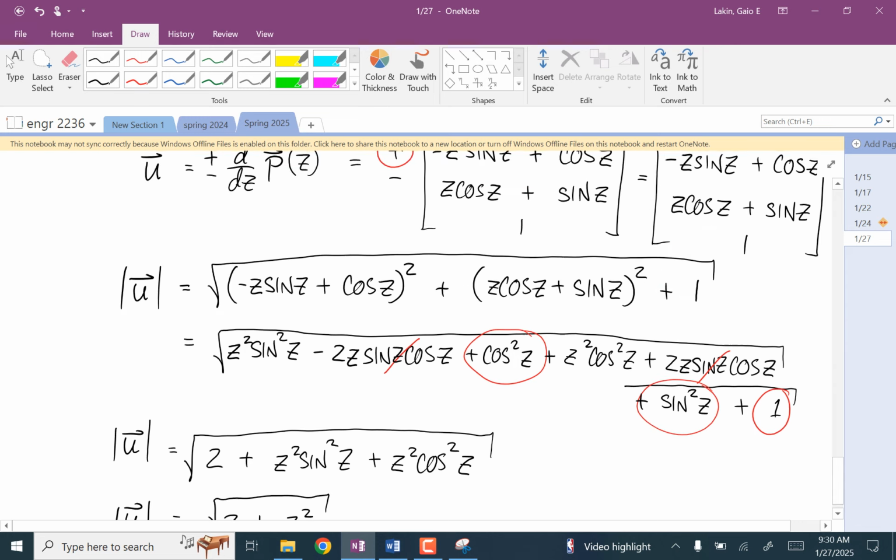Okay, so now we'll go back up to this, and we have 1 over the square root of 2 plus z squared times our vector negative z sine z plus cosine of z, z cosine of z plus sine of z, 1.